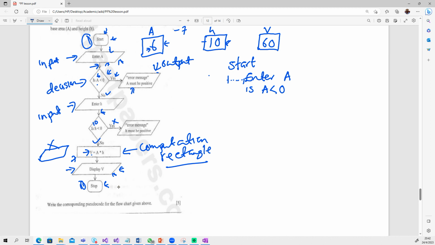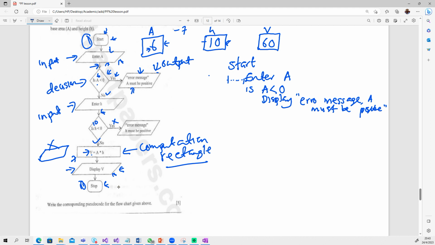You simply say, if it's yes, you simply go ahead and display this. You display these words: error message, a must be positive.